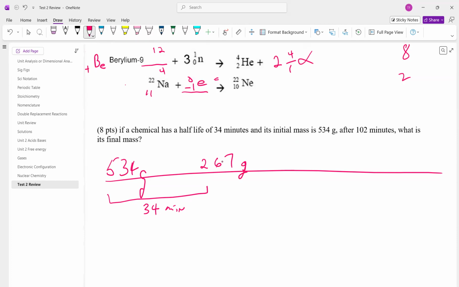Okay, we're not at 102 minutes yet, so we have to go through another half-life. Okay, half of 267 is. Okay. We need to do another one to get to 102.